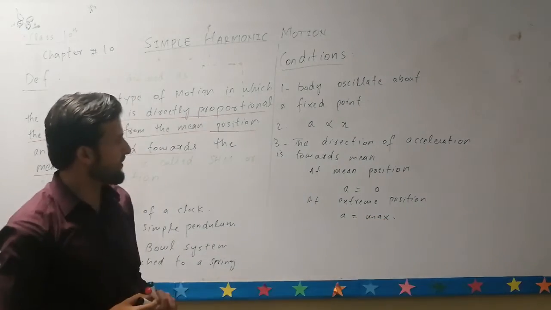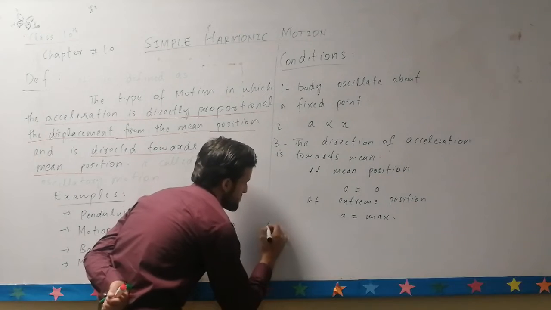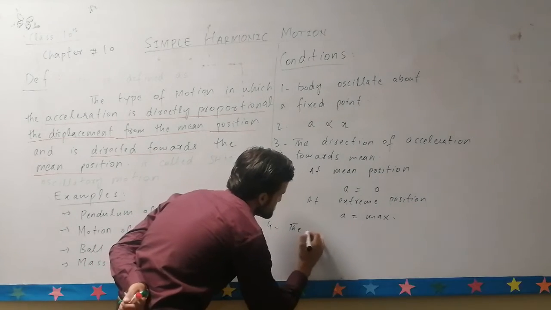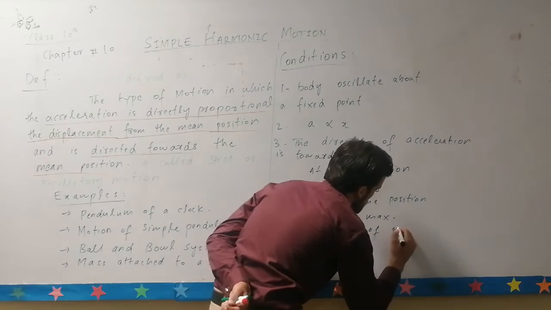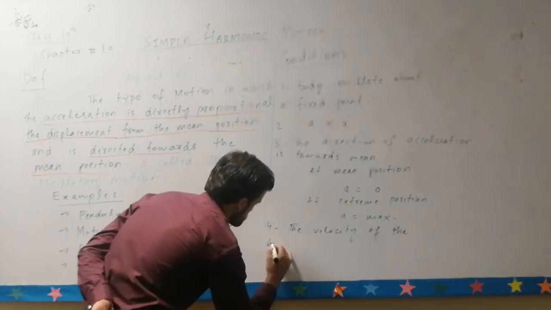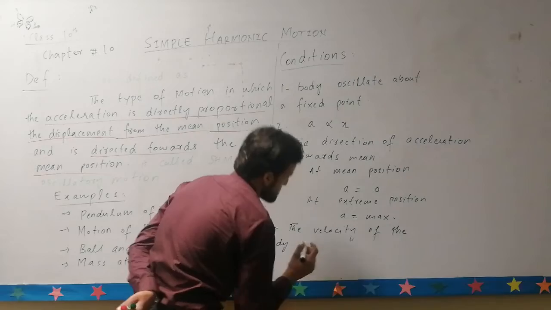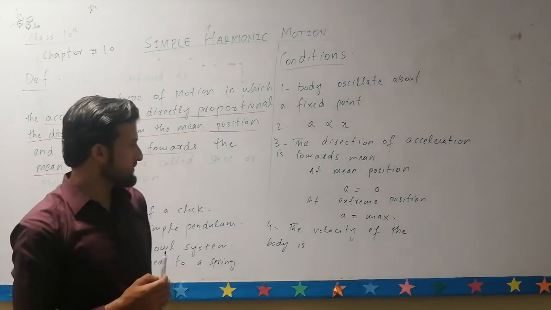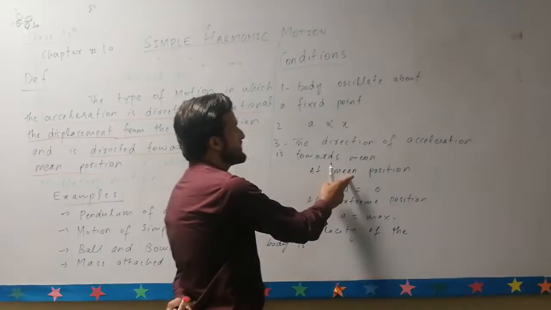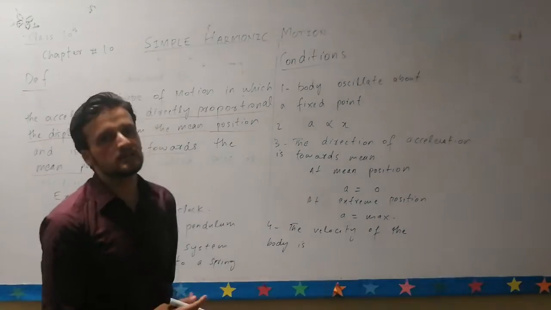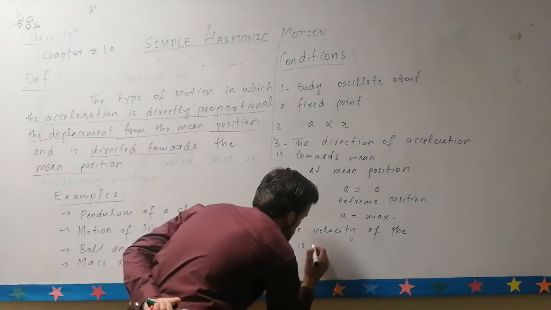The fourth condition is about the velocity of the body executing simple harmonic motion. The velocity of the body is maximum at the mean position. Here acceleration is 0 at the mean position, and the velocity is maximum at the mean position.